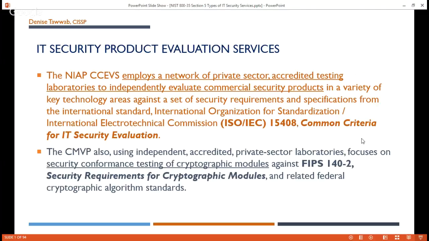The CMVP, also using independent accredited private sector labs, focuses on security conformance testing of cryptographic modules against FIPS 140. And the FIPS are documents also created by NIST, Federal Information Processing Standards. So FIPS 140-2 is your security requirements for cryptographic modules and related federal crypto algorithm standards.